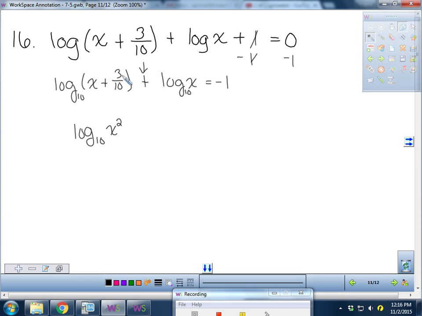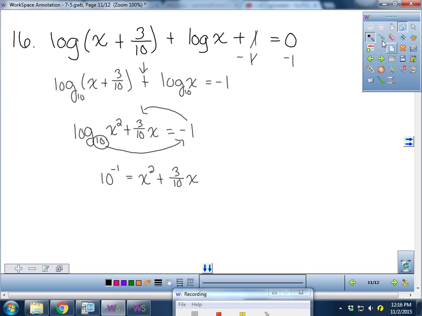And then x times 3 tenths is just 3 tenths x, equals negative 1. All right. Then I am ready to rewrite this in exponential form. So 10 to the negative 1st equals all of this right here, x squared plus 3/10 x.